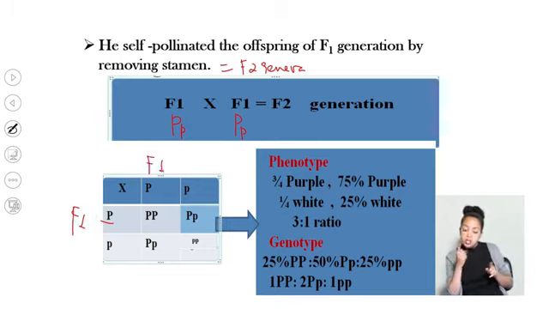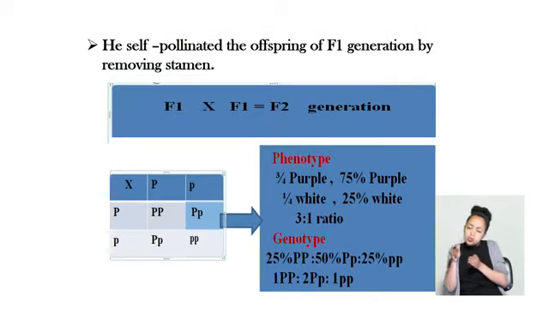Then P capital P small: one allele from the purple, the other allele from the white. Then P capital goes to P capital, P capital P small goes to P capital P small, and again P capital P small, and P small goes to P small.